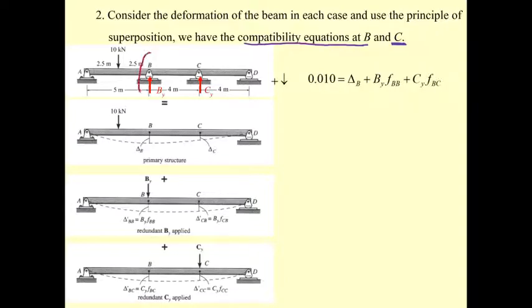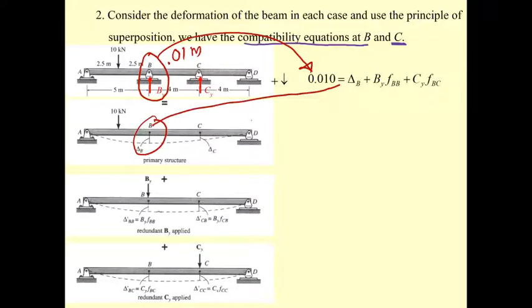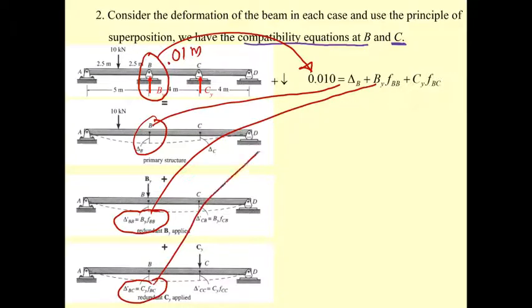This is going to be 0.01 meter. We have the deflection here downward. Delta B is downward, right? Delta B is here. And then B sub Y times F sub BB, and then C sub Y times F sub BC, the deflection at B due to the force at C.